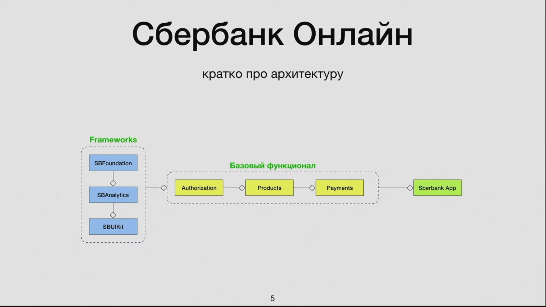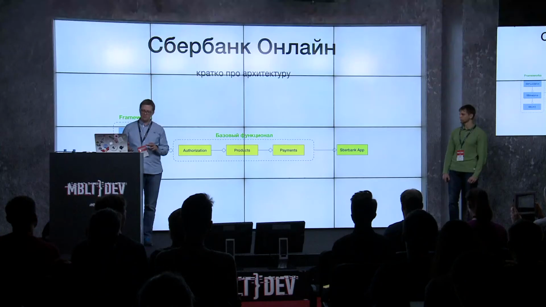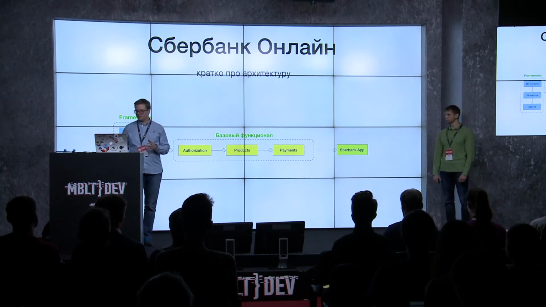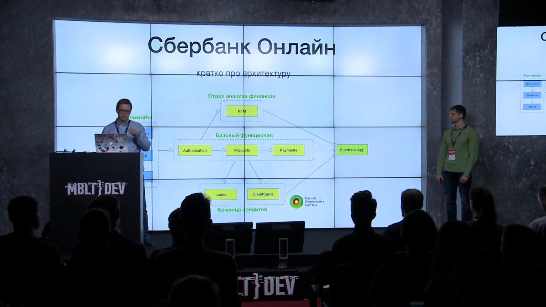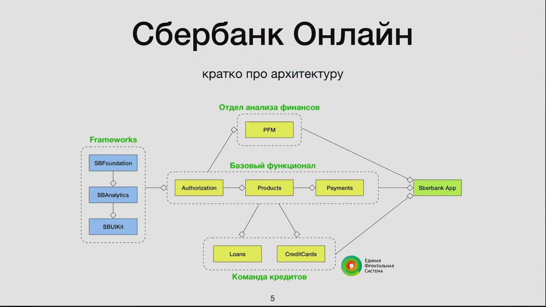The Sberbank application in runtime collects all the business working instances and contains all the integration points, like toggling, based on this Sberbank app. So the application compilation and the business feature set are distributed as dynamic frameworks.